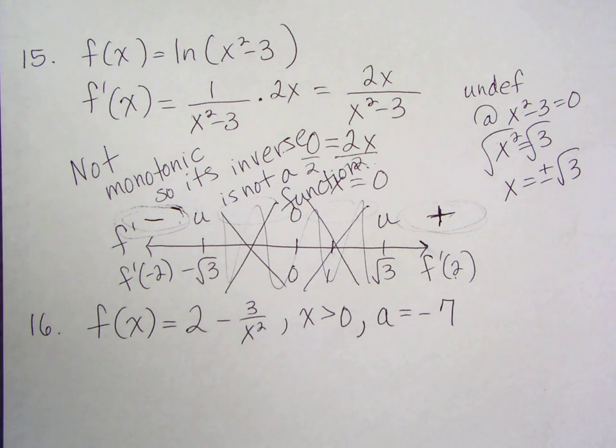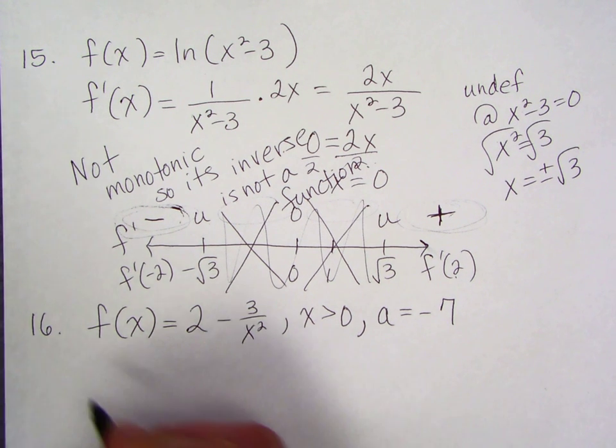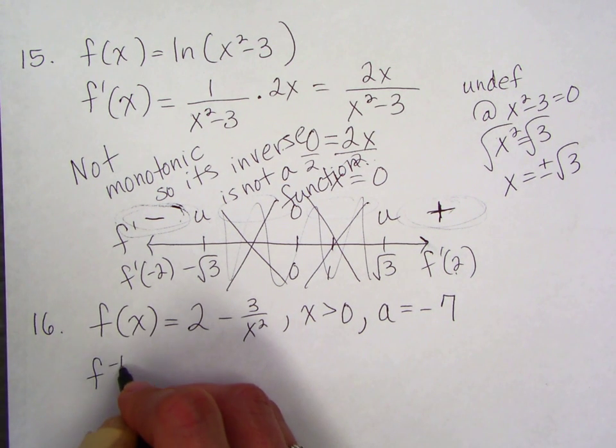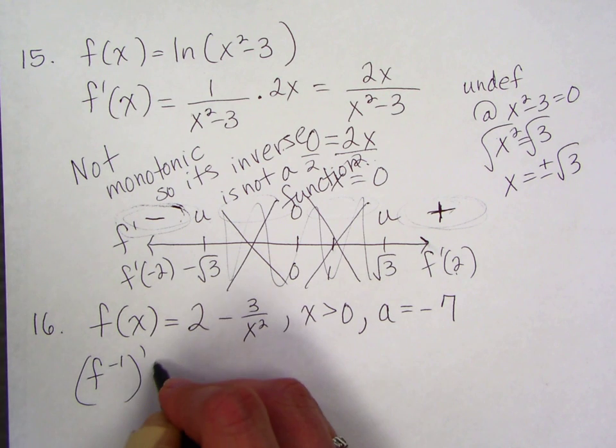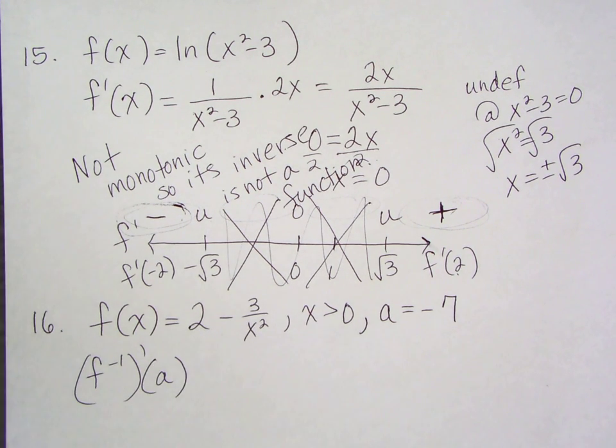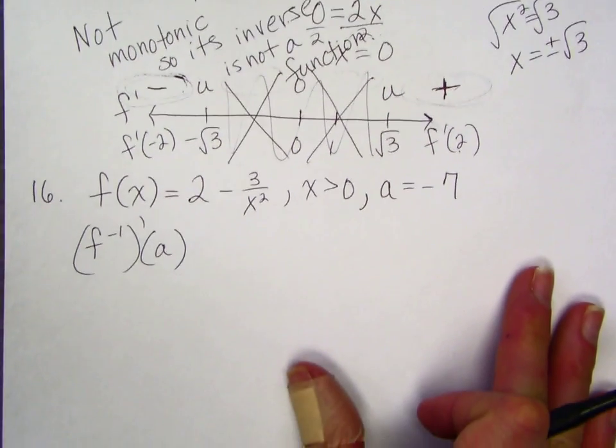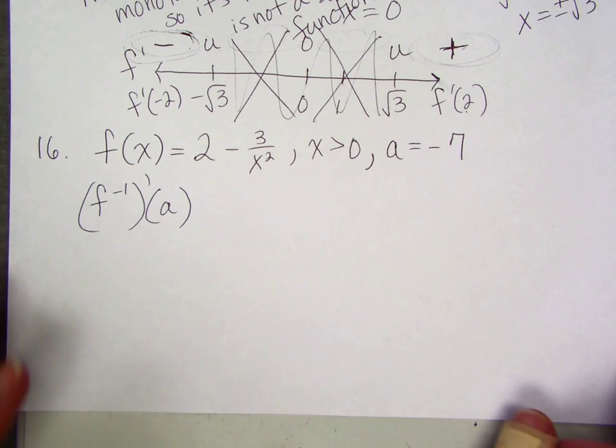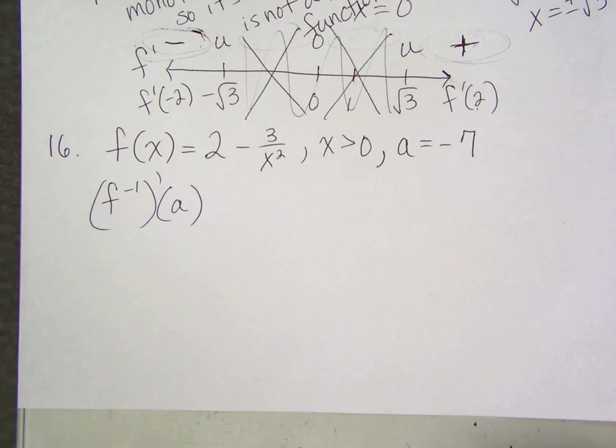All right, last one for today, number 16, says find the derivative of the inverse at A. Well, we need to find the inverse then. Tell the person next to you, how do you find the inverse of a function?